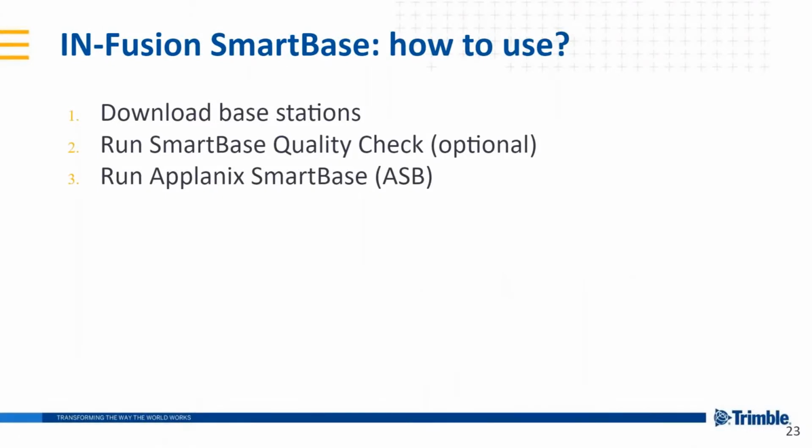First of all, we need to download the base stations and then run SmartBase quality check to see if the base stations are acceptable to be used to build up the network. This is optional. After that, we can run the Applanix SmartBase to process.